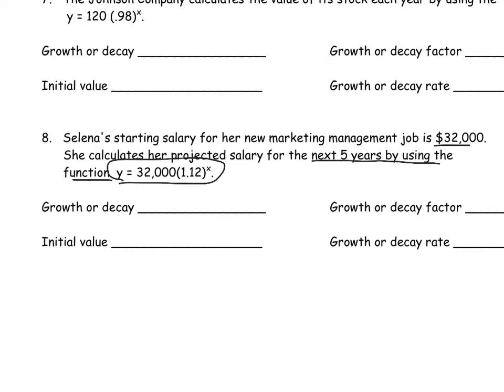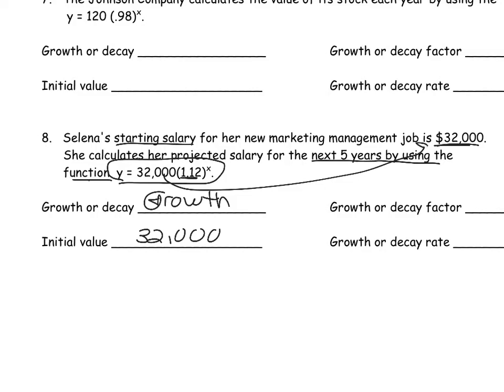So we know that B is 1.12, so it's going to be growth, which makes sense because she hopes her salary goes up, not down. The initial value, where's she starting out? Her starting salary is 32,000. That's why that is A.